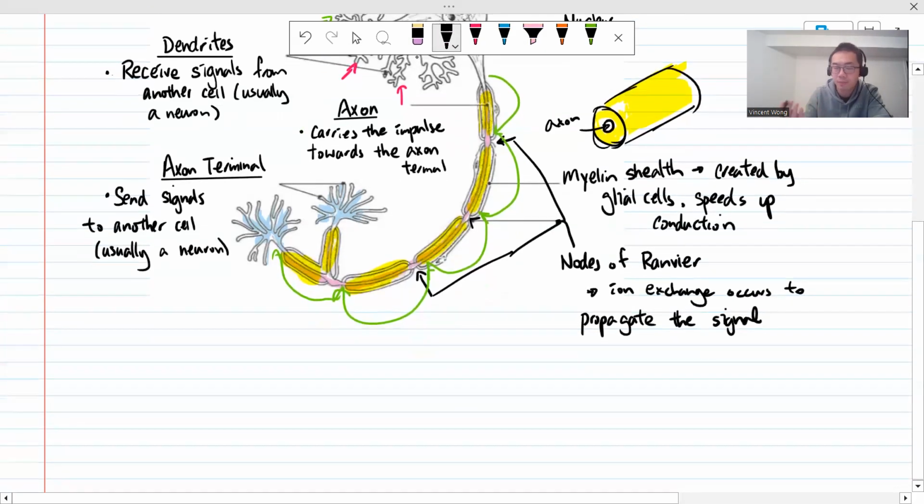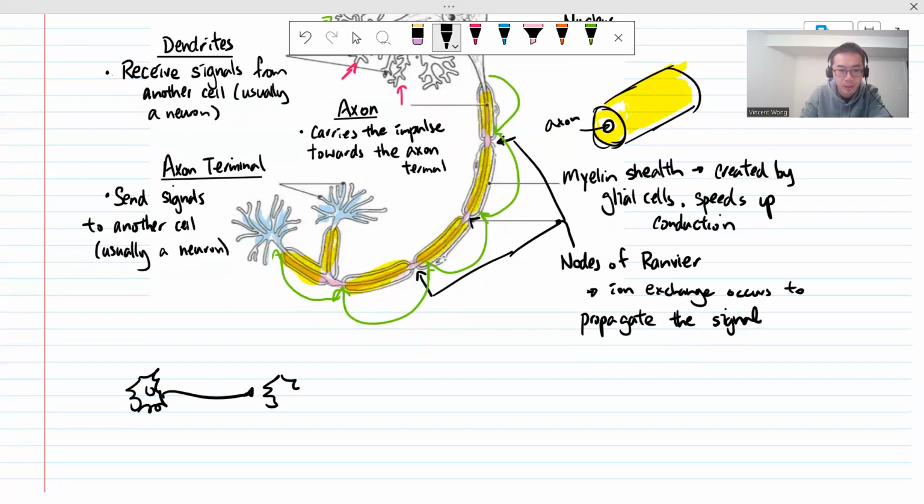So you can think of it like this. You have one neuron here, and then you're going to have another one here, and then you have another one, right? So the signal is just going to go from one to another, and then it's going to jump like that.